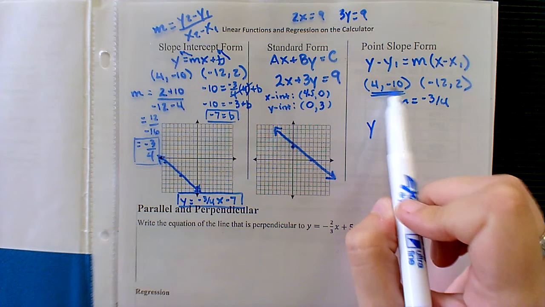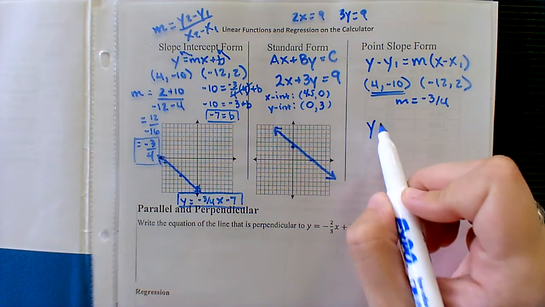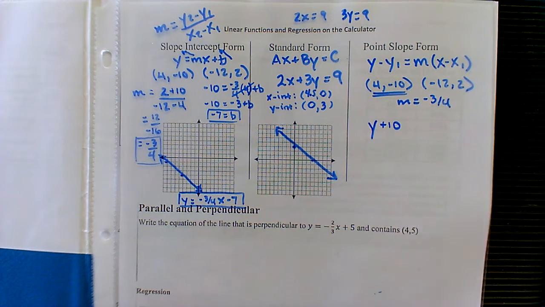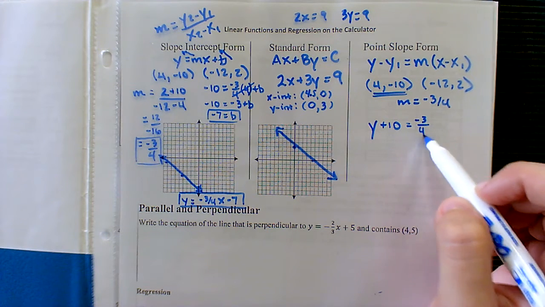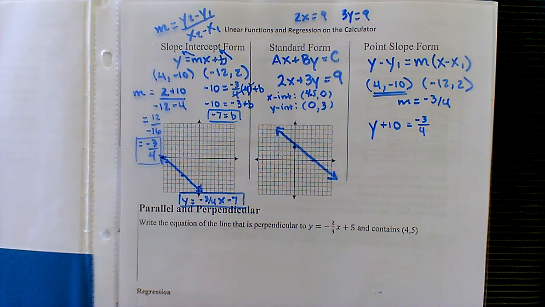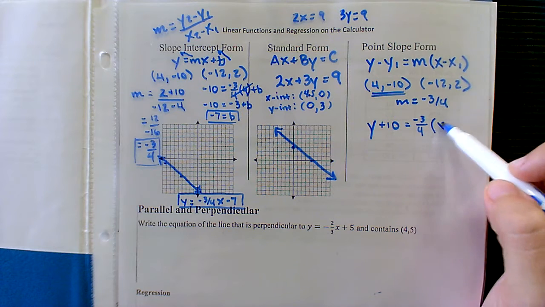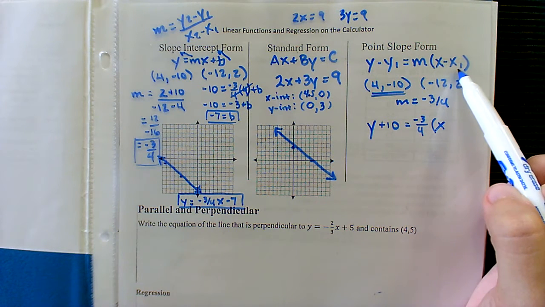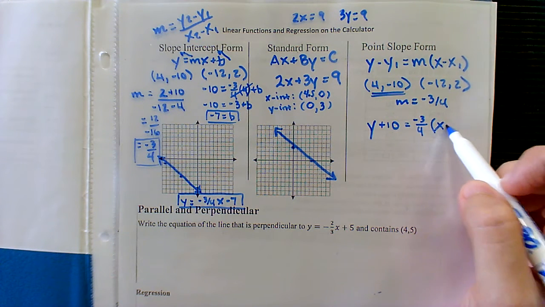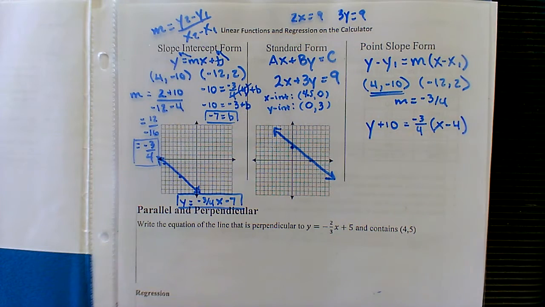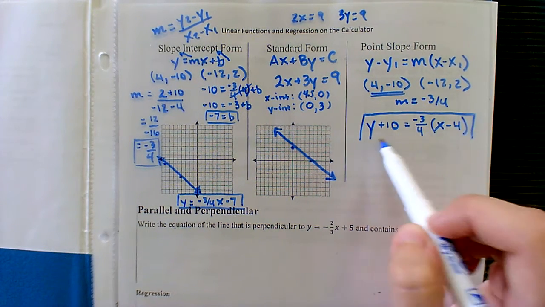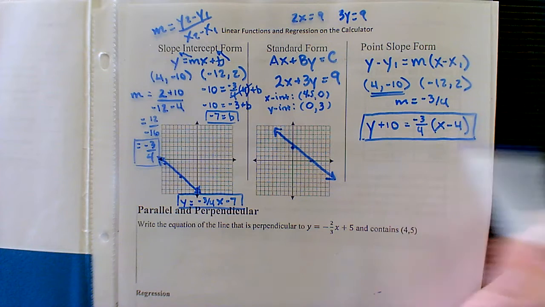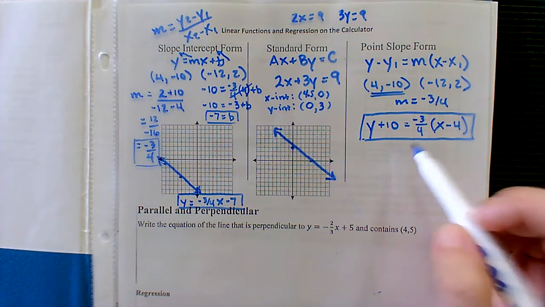So if we're going to subtract the -10, that would change to a plus. We already know the slope is -3/4. And then we need x minus the x value from the point we chose. So we're going to be subtracting 4. So there's one point-slope form equation that you could possibly have.